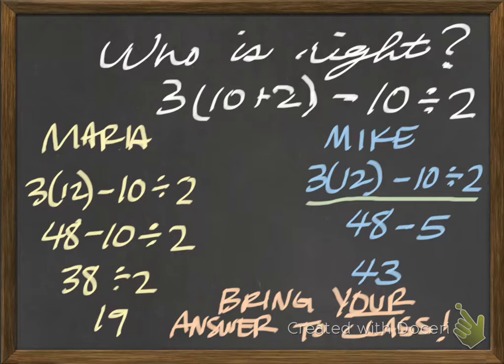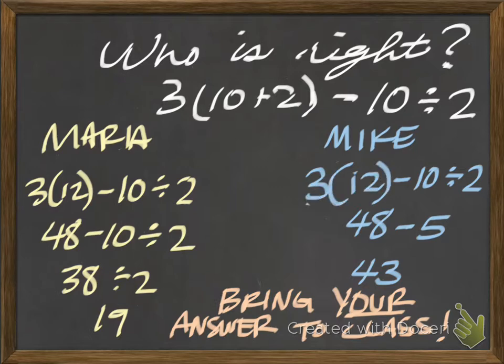I should just rewrite it. Three times 12. Alright, pause it, take a second to think about it, and your last question will be, who was right, Mike or Maria? And your answer to class.